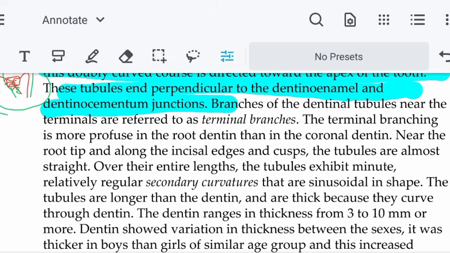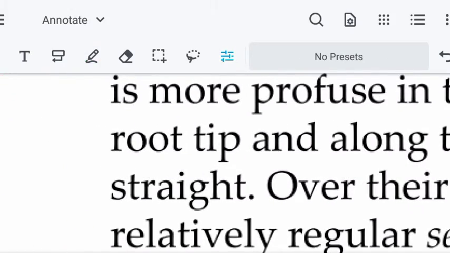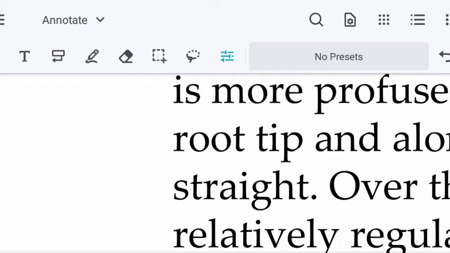Here I'll show you. These dentinal tubules are S-shaped, right?